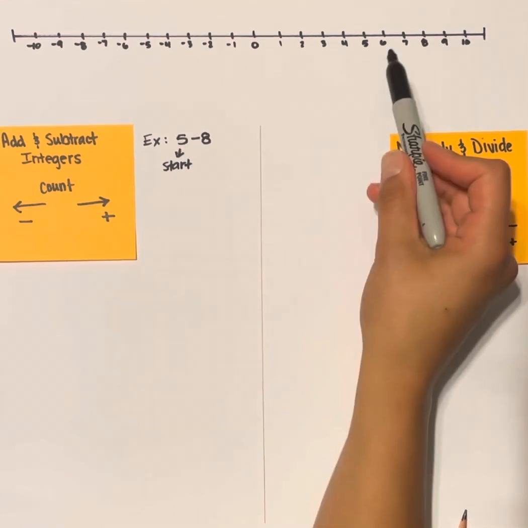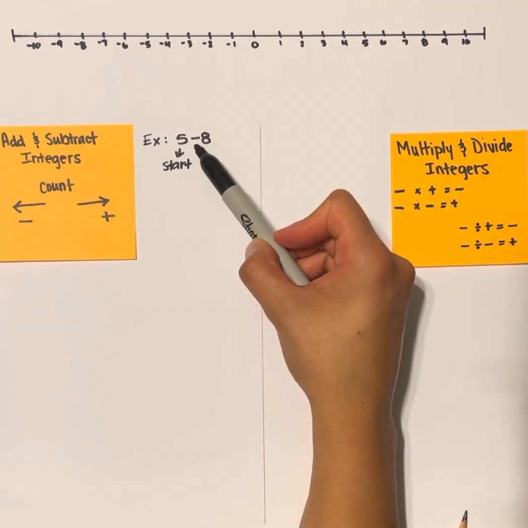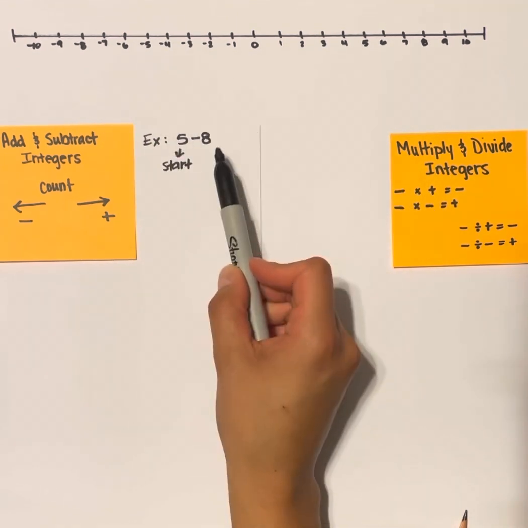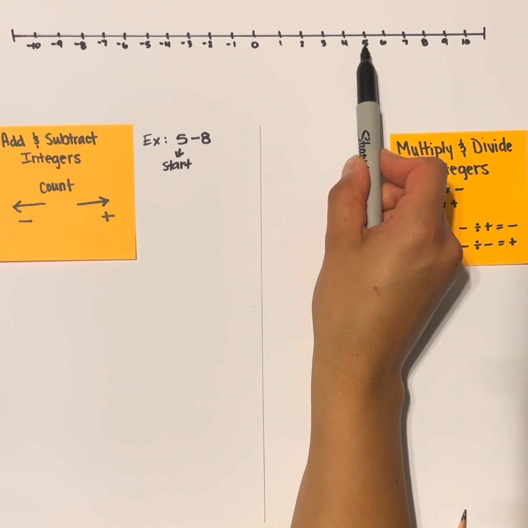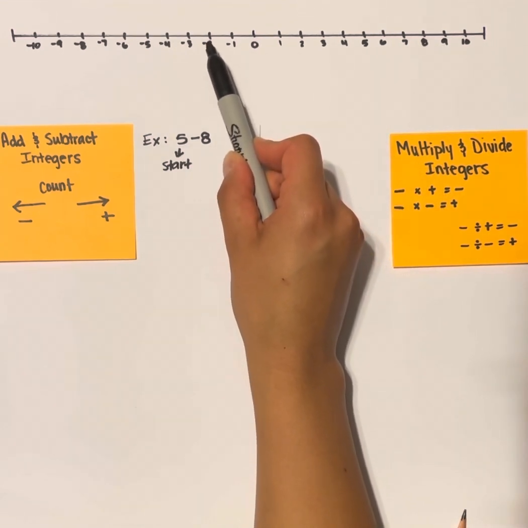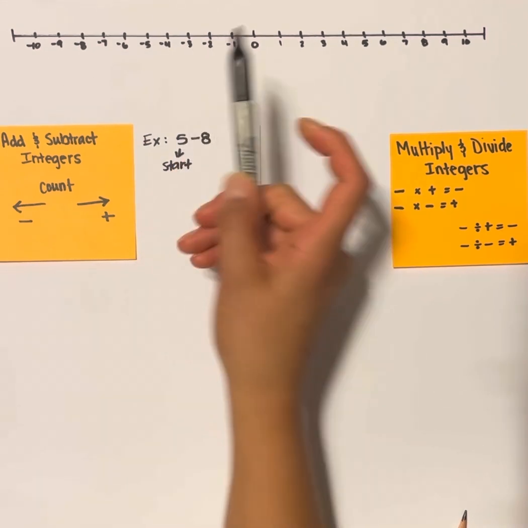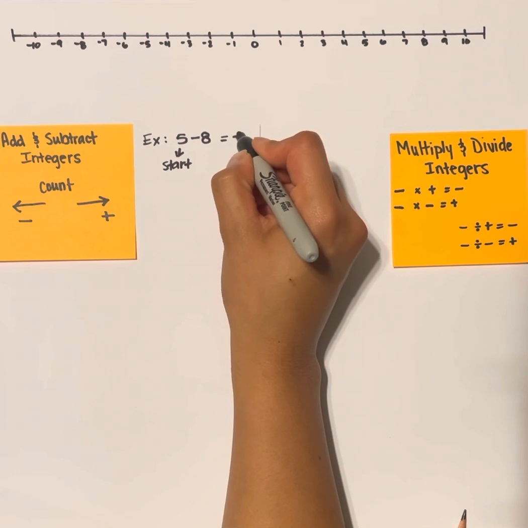I'm going to start at 5, positive 5. And then because I'm subtracting, I'm going to count 8 to the left. 1, 2, 3, 4, 5, 6, 7, 8. Do you see where I stop here is at -3. So my answer would be -3.